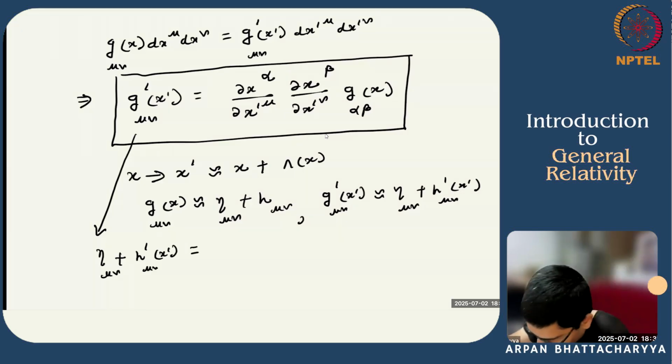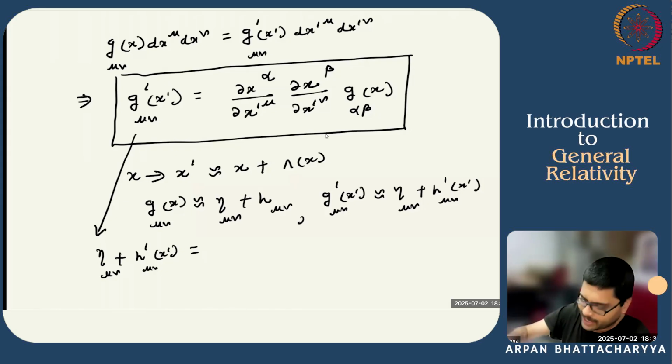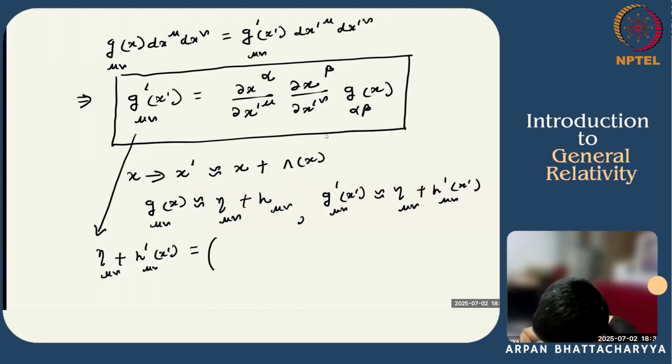And what are these actually? From here you can see that if you use this equation, x is x prime minus lambda, and then you take del del x prime. So del del x prime will give a Kronecker delta minus some derivative of this capital lambda. So this will have delta alpha mu minus del mu lambda alpha, a function of x.